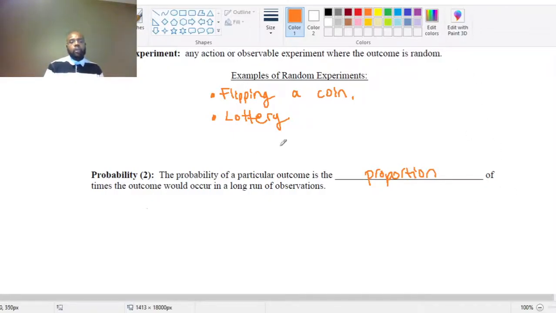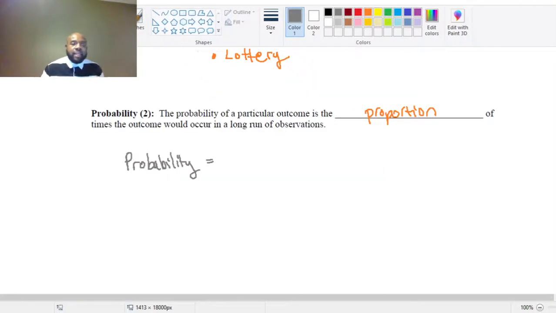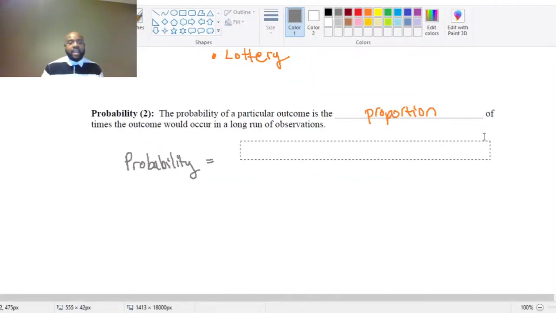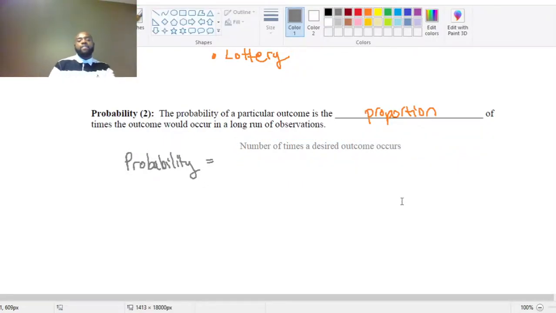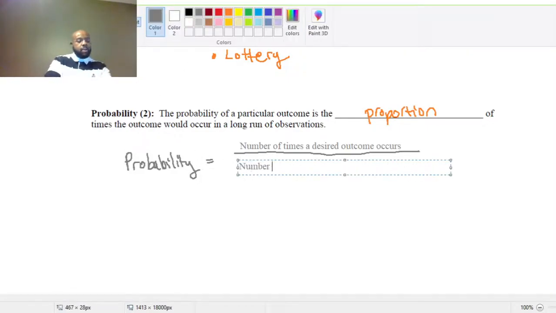If you wanted to write this using a formula, I can say that the probability can be defined as the number of times a desired outcome occurs, and I'm going to divide that by, since I can type faster than I can write, the number of possible outcomes, right? That's the total number of possible outcomes.